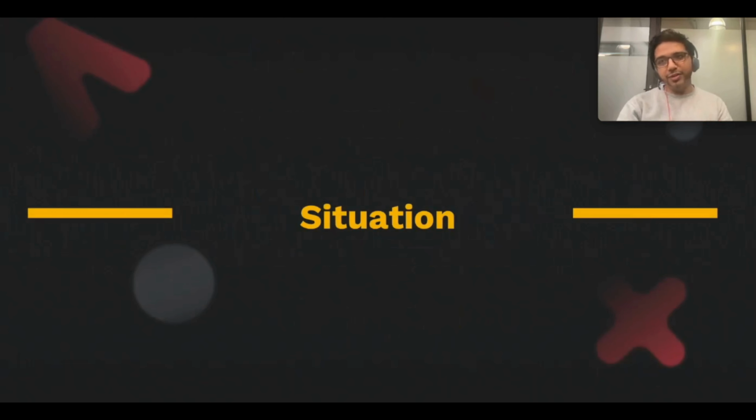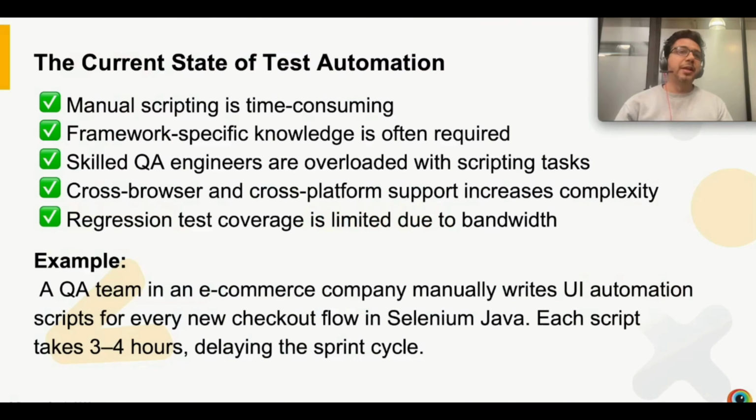So our first thing is situation, right? What is the current state of test automation? Currently we are creating test scripts, it may be in Selenium or Playwright or Cypress or Rest Assured or Request Library, whatever language or library we use, right? We basically design our framework and then write the test automation scripts.